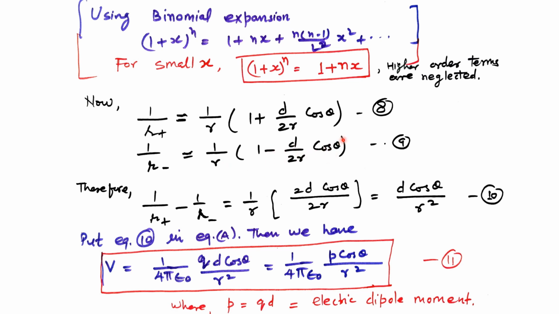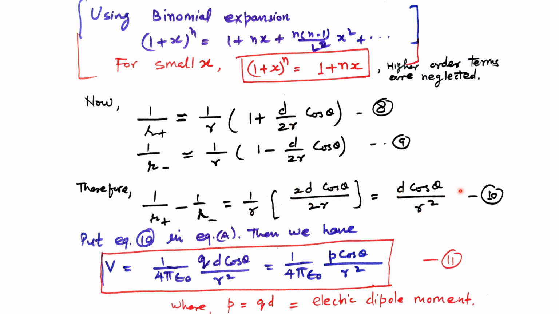In the last slide you have seen the power was minus half for one and plus half for the other, so we have used this expansion, with n equal to 1 by 2 or minus 1 by 2. If we subtract equation 9 from equation 8, 1 upon r plus minus 1 upon r minus will be 1 upon r into 2d cos theta by 2r, or d cos theta by r square.